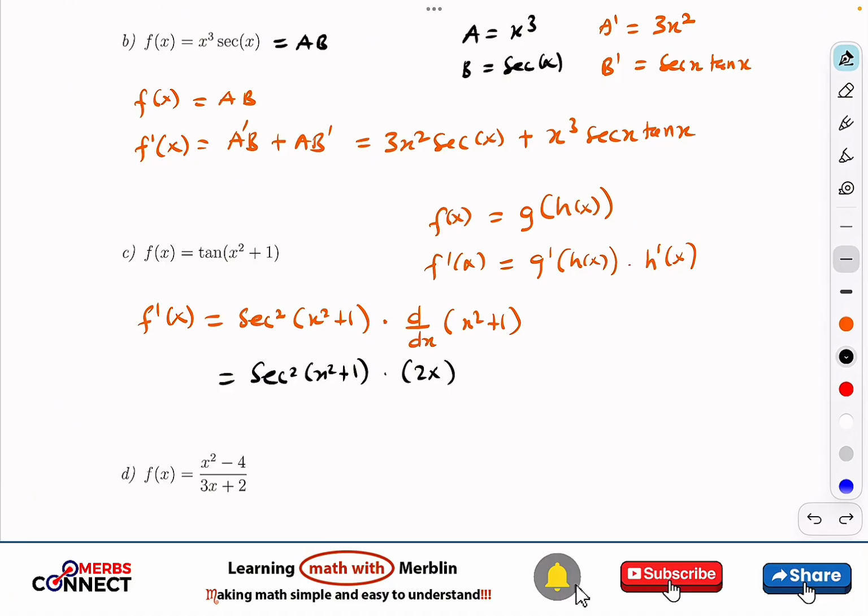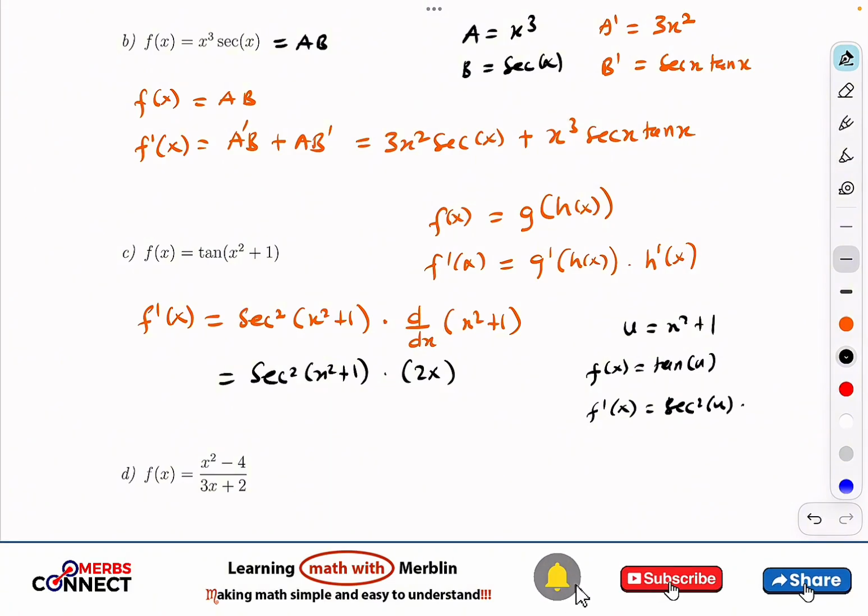Some people can also say let u be equal to x squared plus 1, so that I can have f of x equal to tan u. When you differentiate it, you are going to have f prime of x equal to secant squared u times u prime. So what is u prime here?